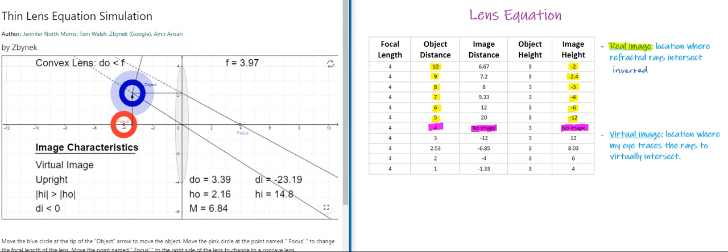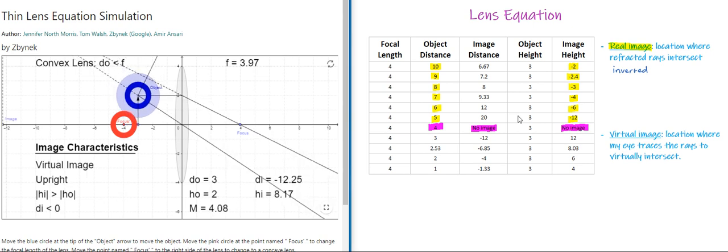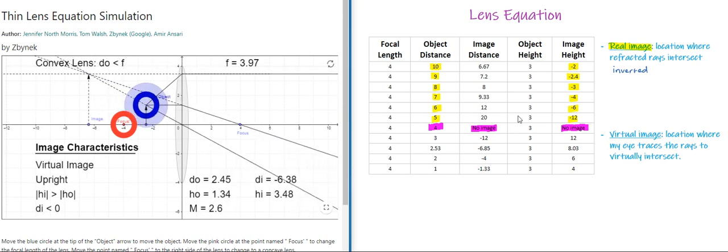As we jump the object into the focal length, you may notice here that the image has shifted from being over here on the opposite side of the lens to being on the same side of the lens, and now these lines, which are never intersecting because they're diverging, our eye can actually trace those lines back to a point where they would have had to have converged or come from in order to diverge in the paths that they're taking. These are what we refer to as virtual images.